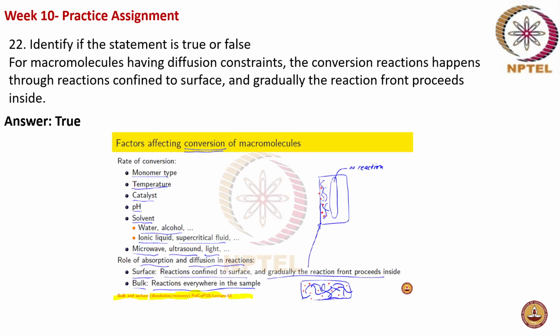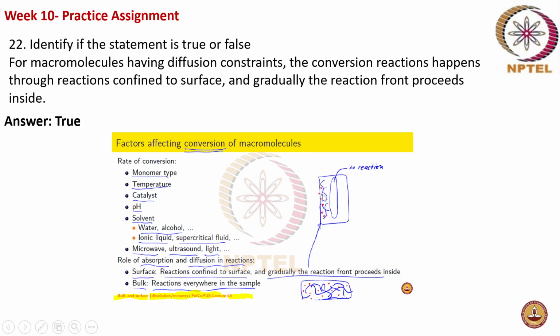It is true. This was discussed in factors affecting conversion of macromolecules. When there are diffusion constraints, the small molecules for the polymeric reaction, for example for breaking down the macromolecules, may not be able to diffuse through the bulk of the macromolecule, but they may be on the surface.